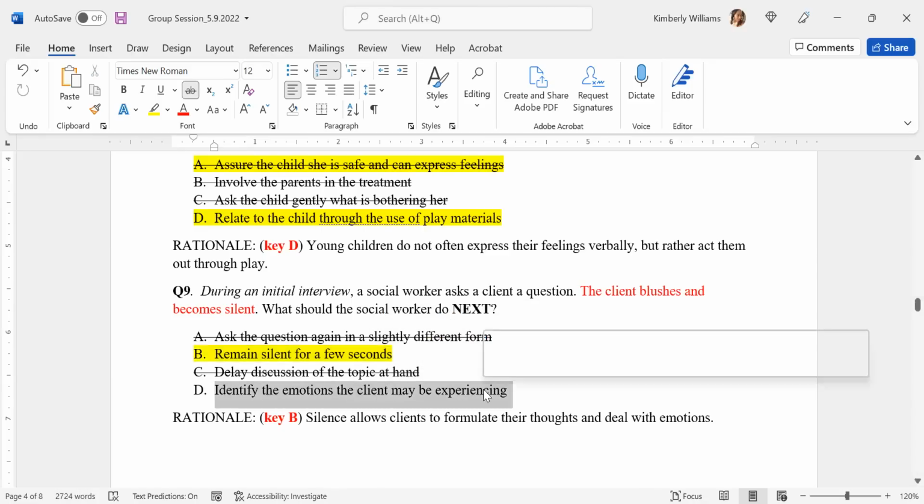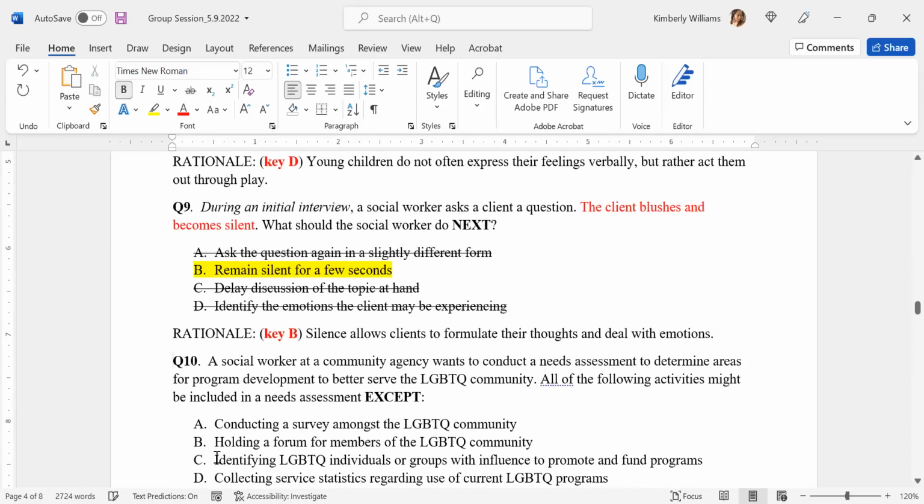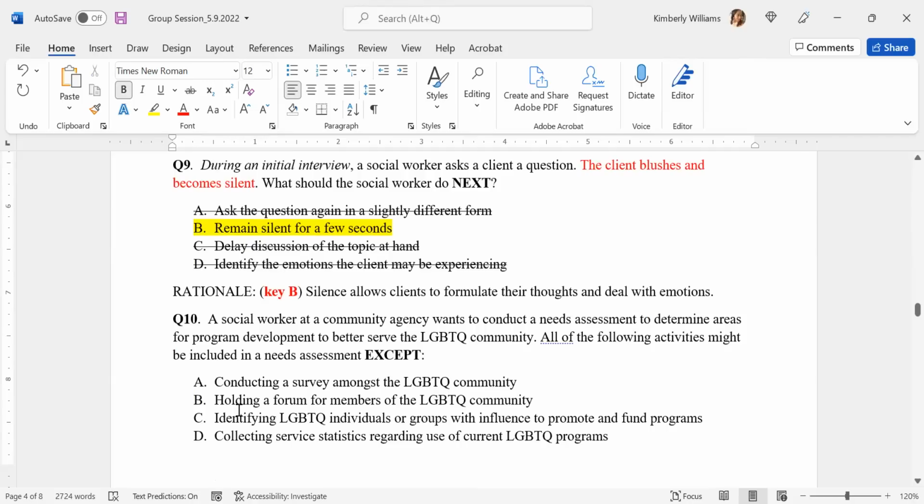So this one is actually kind of like a recall question as well. You could break it down because you know where you are in the process, but it actually is a recall question of just knowing how to communicate when you're building the therapeutic relationship. And that's more of a question you'll probably find on the master's exam.